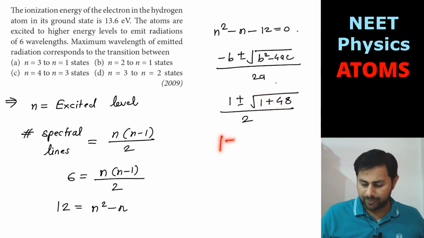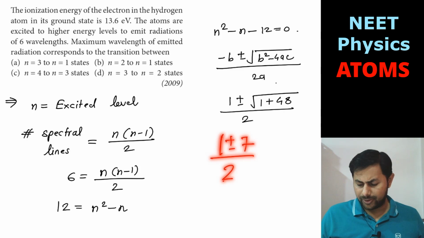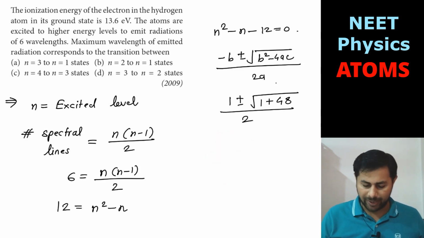So 1 plus or minus 7 divided by 2. That is 1 plus 7 by 2, which is 8 by 2, meaning 4. So n is equal to 4.